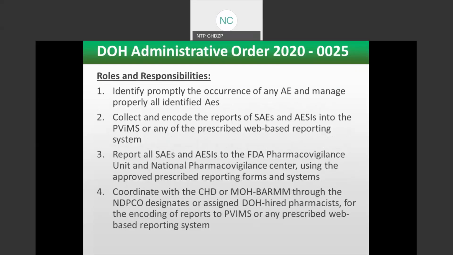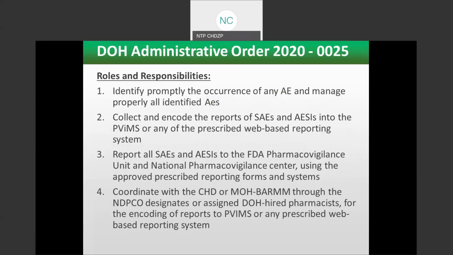What are the roles and responsibilities? Number 1, identify promptly the occurrence of any adverse events and manage properly all identified adverse events. The earlier it is reported, the better. Collect and encode the reports of serious adverse events and adverse events with special interest into the PBIMS or any of the prescribed web-based reporting system.